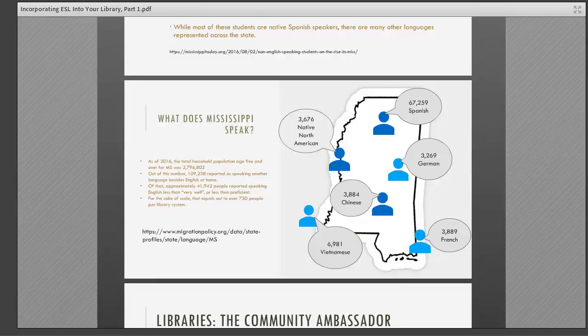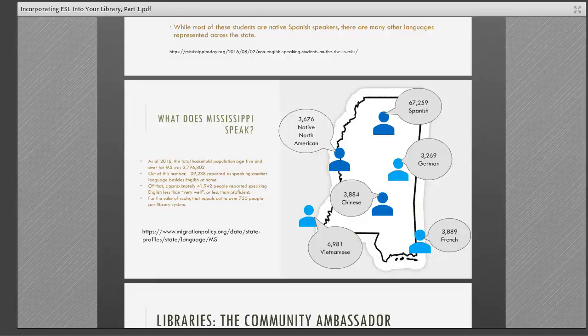I really encourage going to Migration Policy if you want to get an idea of not only the languages that are spoken across the state, but Migration Policy also gauges the ability of those speakers. So the proficiency is a better word, the proficiency of those speakers of those languages.